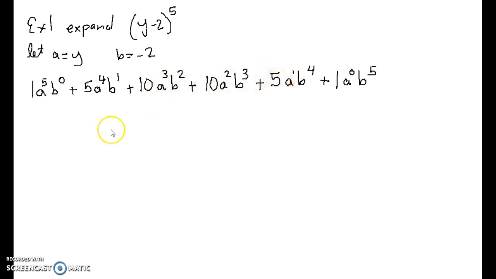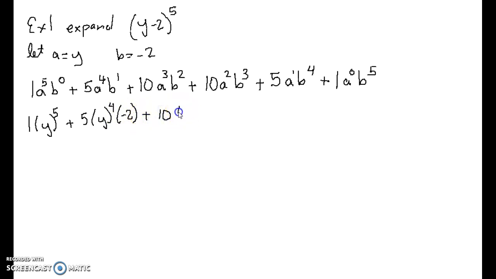Then I'm going to replace everywhere I see an a with y, and everywhere I see a b with negative 2. Let's think about this logically. b to the power of 0 is equal to 1, and a to the power of 0 is equal to 1, so that's one place I don't have to worry about it. So this will just become 1 times y to the power of 5, plus 5 y to the power of 4 times negative 2. Now negative 2 to the power of 1 just stays as negative 2.